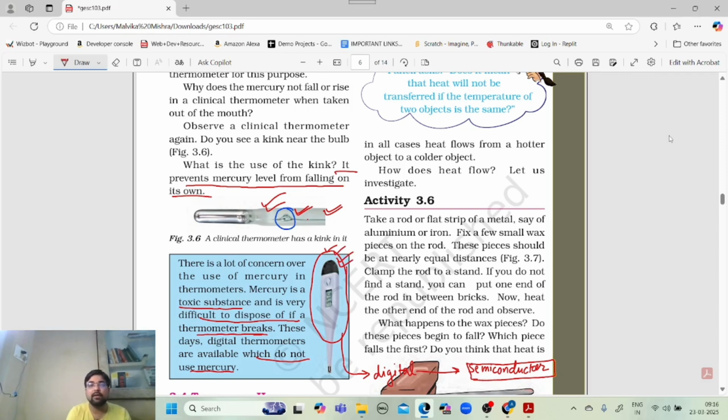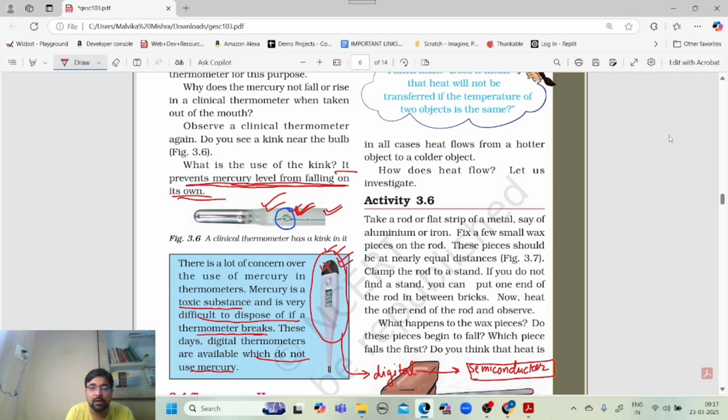Suppose there is no kink and there is nothing else performing the same role which the kink was performing here. The kink was performing the role of preventing the mercury level from falling on its own, right?